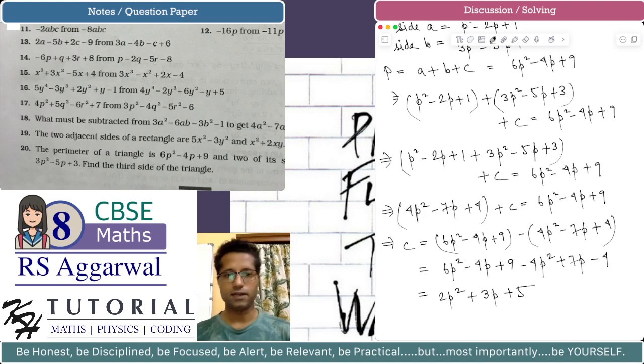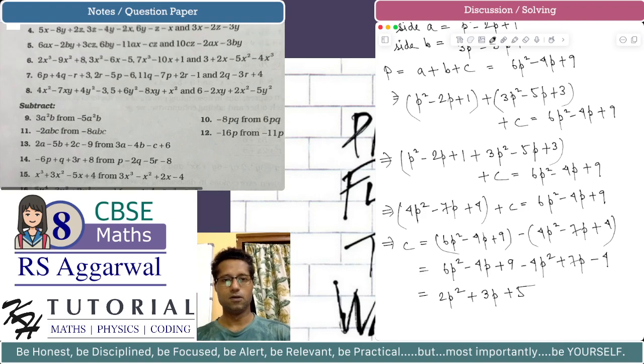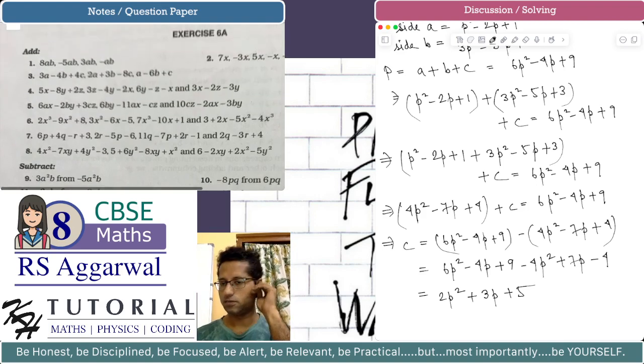So this brings to an end the solving of some selected problems from exercise 6A to illustrate the concept of addition and subtraction of algebraic expressions. Now, addition and subtraction of algebraic expressions you have already done in your previous class 7.